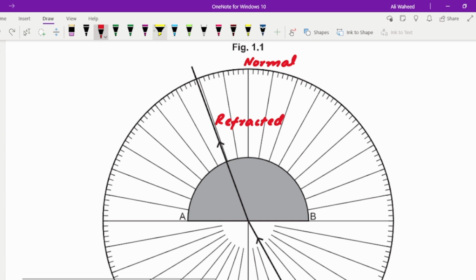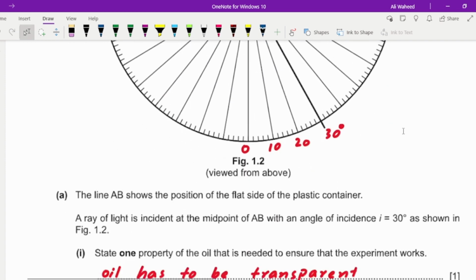So starting from the normal would be 0, and then you have 10, and then 20, this one exactly would be 20, and then the next line is 22, but in the middle of 20 and 22 that'll be 21, and you've got to be precise with it.